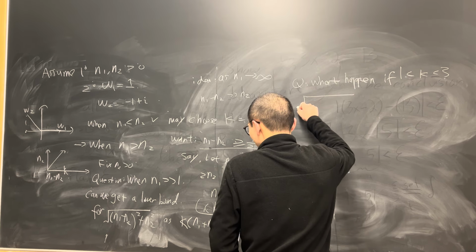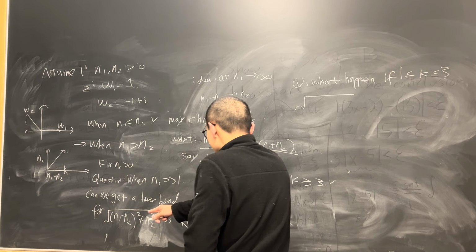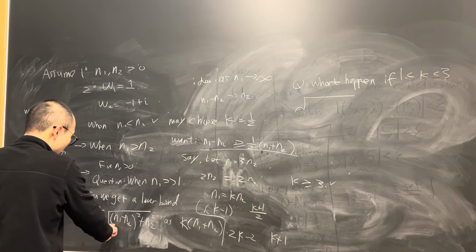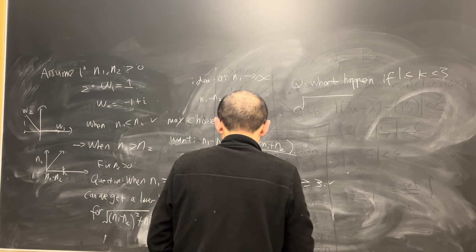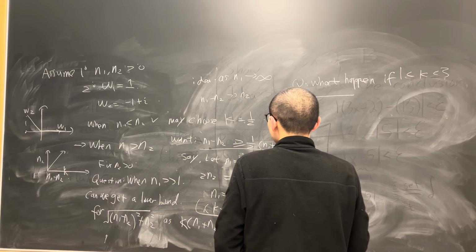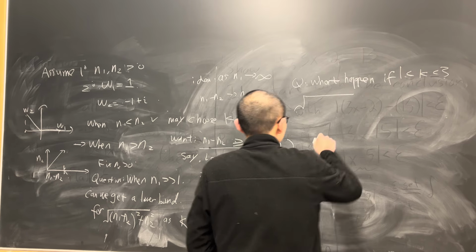Then you have the square root of, so let's just substitute the n1 by k n2, okay. So, yeah, so where am I? Yeah, so just do that, okay.